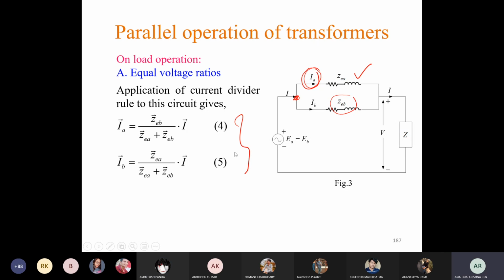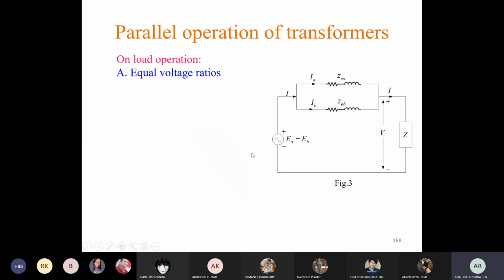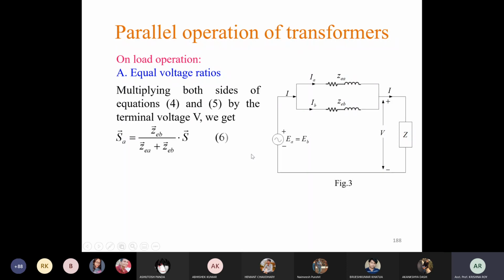Now if we multiply these equations by the voltage V, that means the terminal voltage, then we can write these two equations, that is SA is equal to ZEB by sum of the two impedances into S, and SB is equal to ZEA divided by sum of two impedances into S. Now what is this SA?